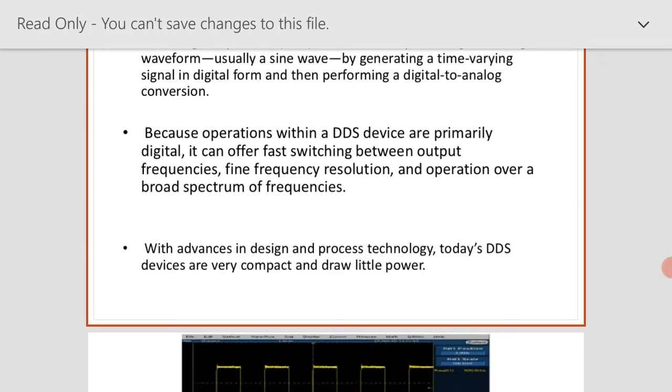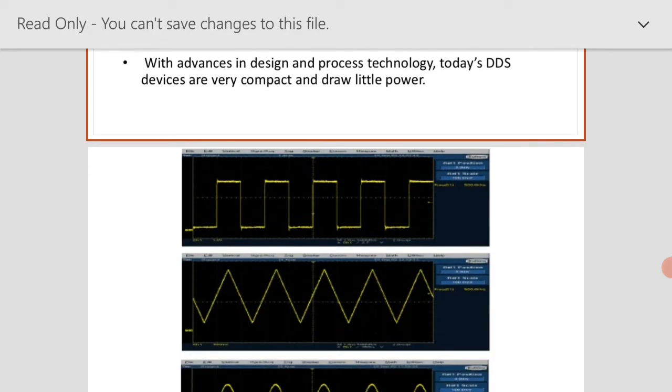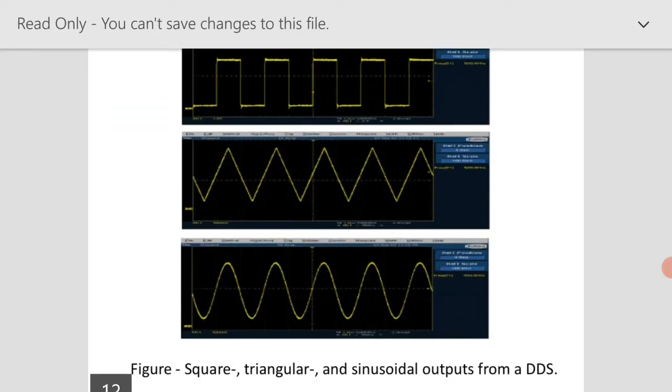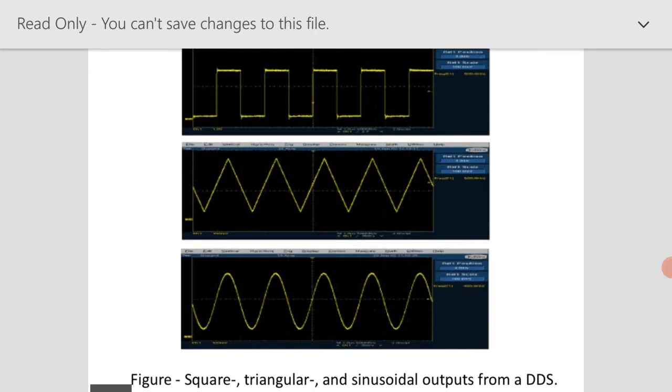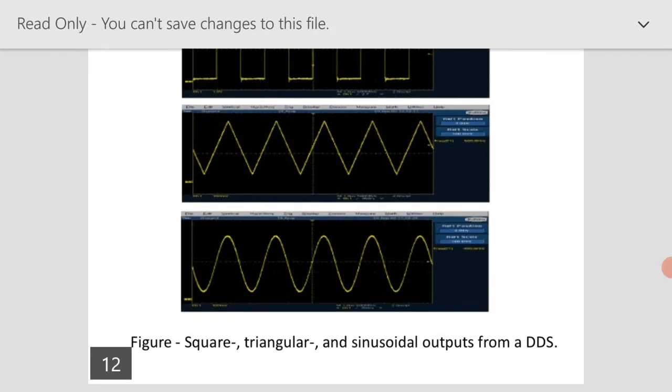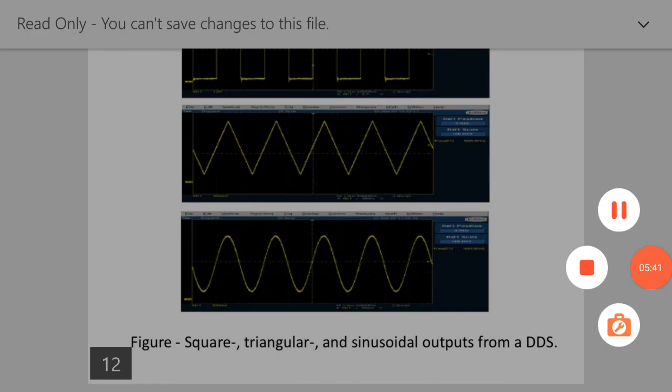With advances in design and process technology, today's DDS devices are very compact and draw little power. The figure shows the square wave, triangular wave, and sinusoidal output from DDS.